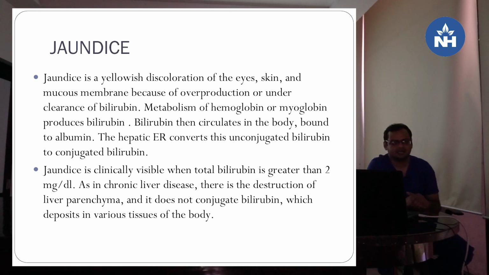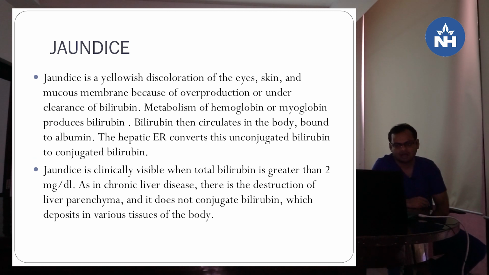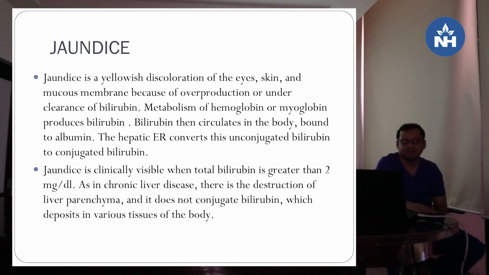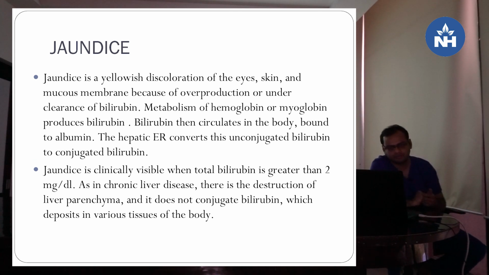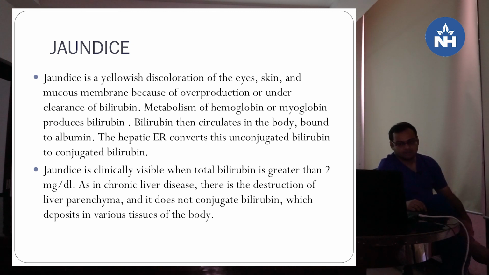Jaundice is another symptom of chronic liver disease, which is yellowish discoloration of the eye, skin and mucous membrane because of overproduction or under-clearance of bilirubin. Metabolism of hemoglobin or myoglobin produces bilirubin, which circulates in the body bound to albumin.